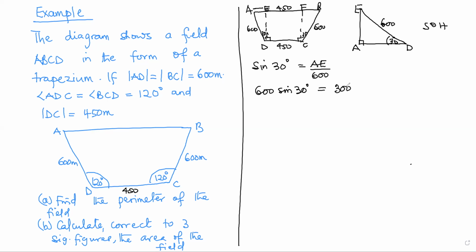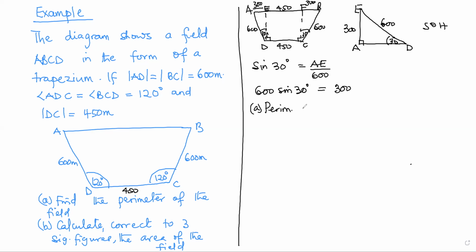All right. So having gotten 300, it means that this part is 300. And this part being 300, we can put it here. It means that over here also be 300 because it's the same value, 30, 30 over here, and the hypotenuse being 600. So having found that, we can now find the perimeter of the field.